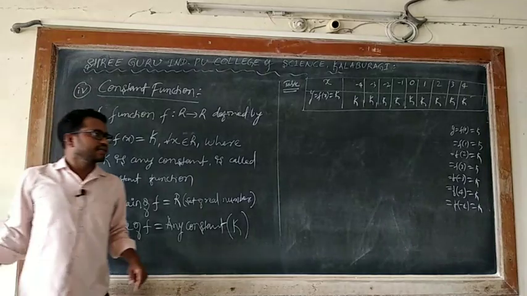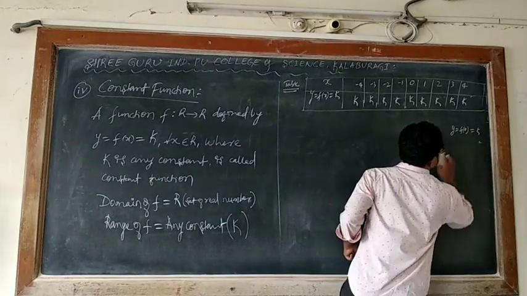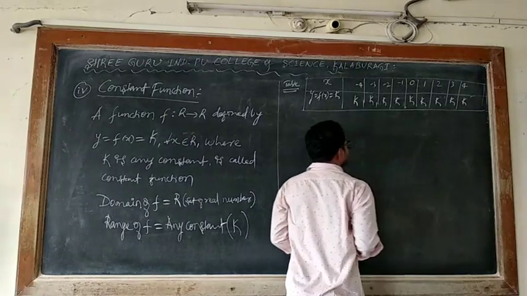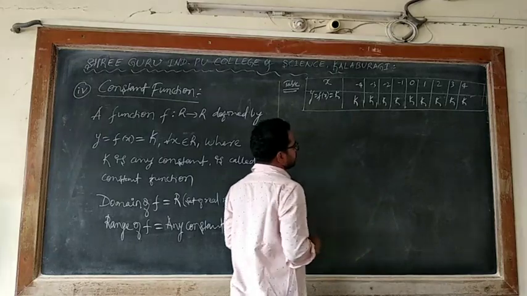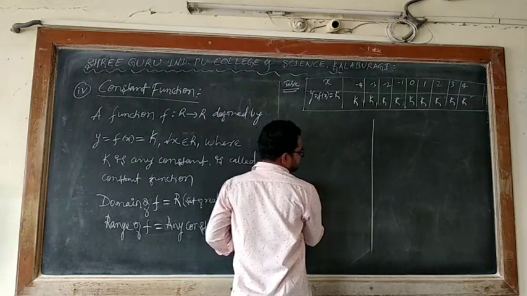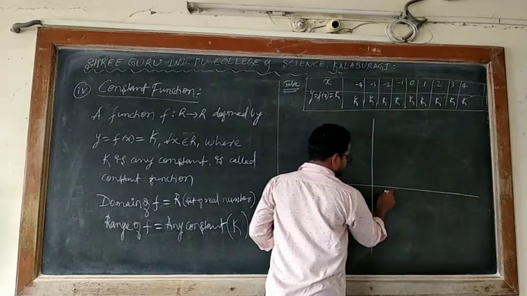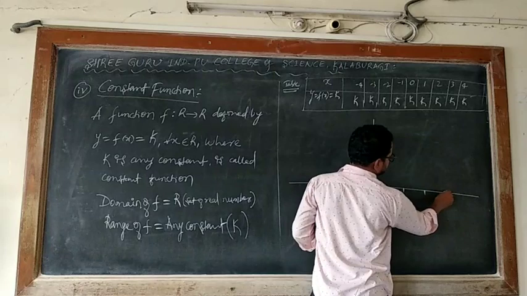So the graph is one particular constant. If it is positive k, you will get positive. If it is negative k, you will get negative. If I am taking this positive k, I will say now 0, 1, 2, 3, 4.